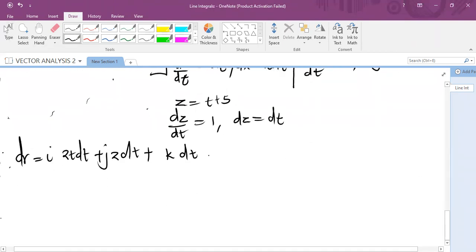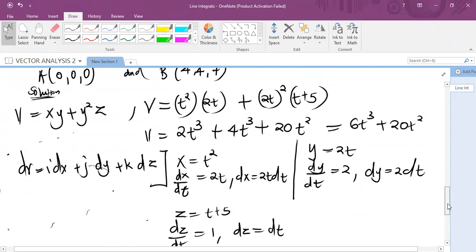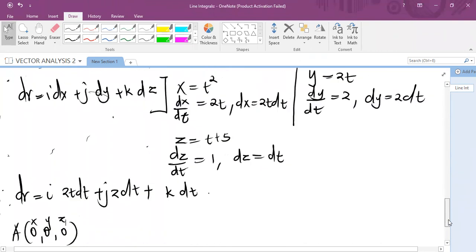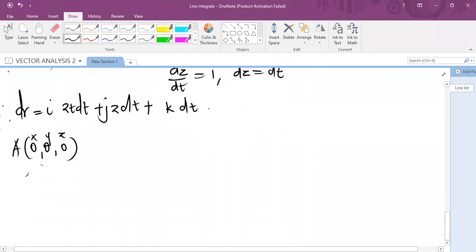So let's start with point A. So evaluating for the limits of integration, we have point 0, 0, 0. So this represents X, this represents Y, and this represents Z. And we are being told that X is equal to t squared, not 2t.